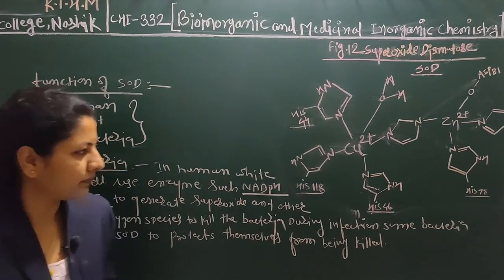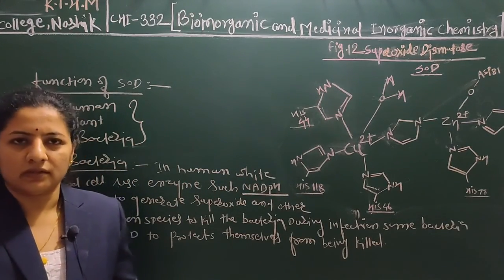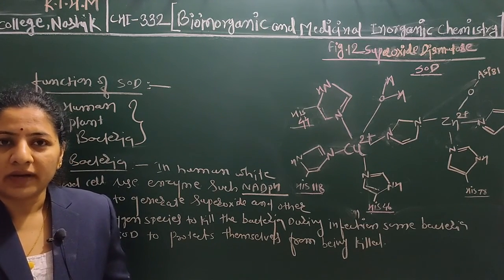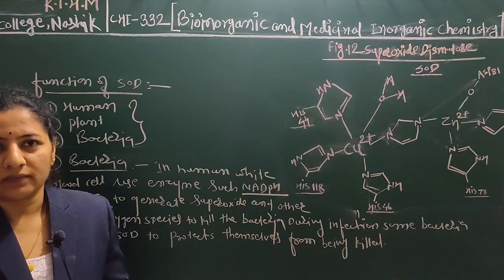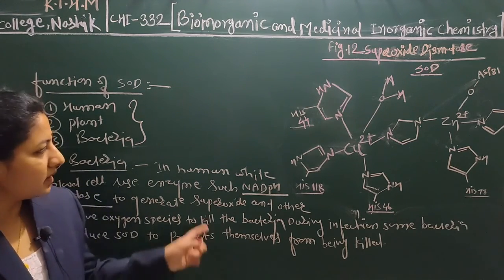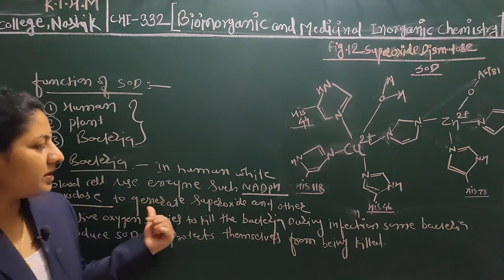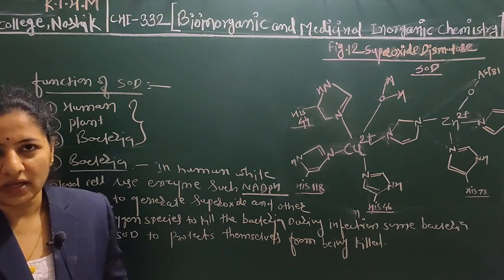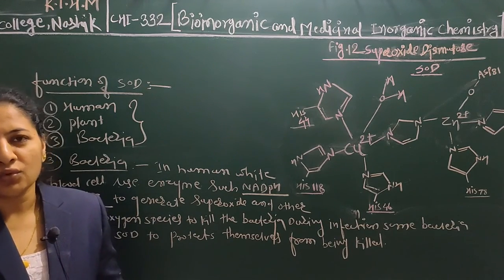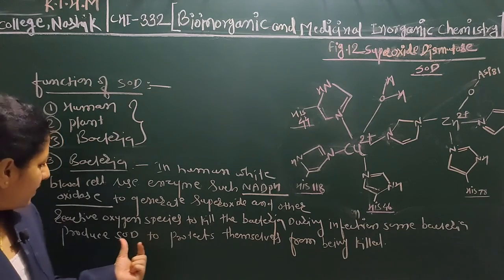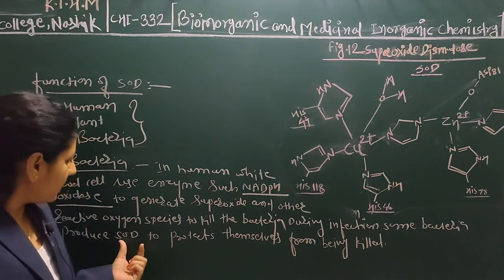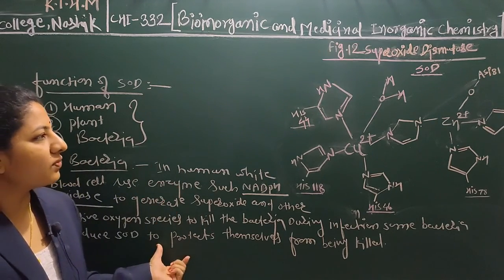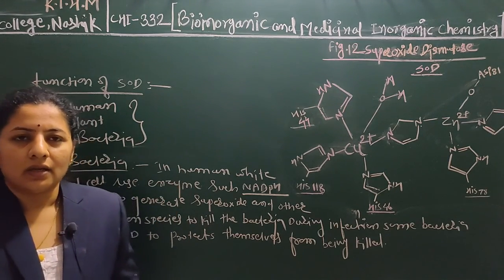Actually, generally in human, when there will be the infection, the white blood cells produce the enzyme NADPH oxidase to generate superoxide and other reactive oxygen species to kill the bacteria. So when there is an infection in human, these bacteria produce superoxide dismutase to protect themselves from being killed. So these are the important functions of superoxide dismutase.